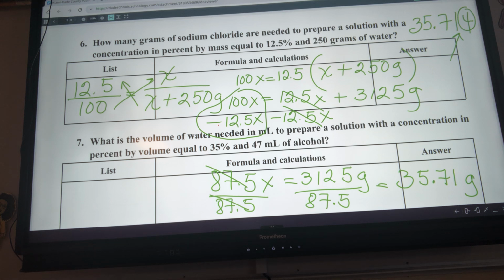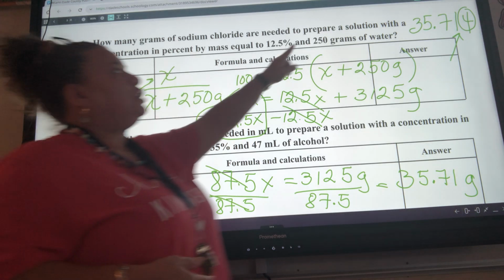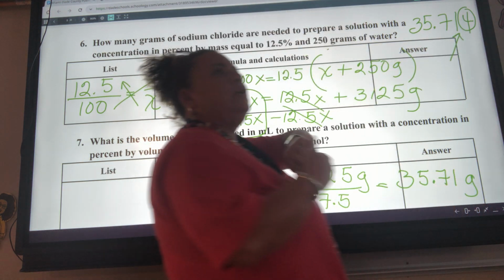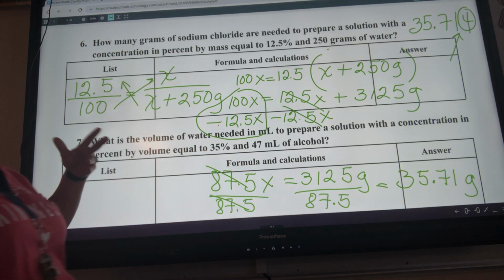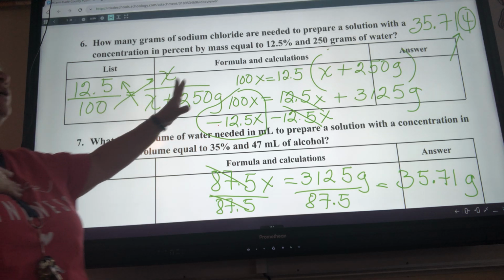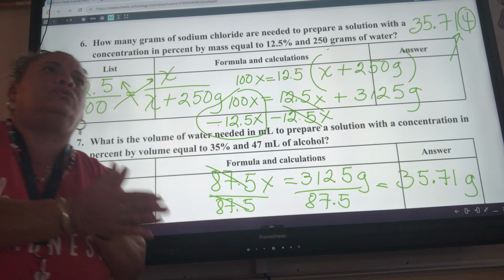What is the mass of the solution in this case? Let's say that I'm looking for the mass of the solution. How can I find the mass of the solution? I have the mass of the solvent, it's a given, and you already found the mass of the solute. If I want to find the mass of the solution, what do I need to do?